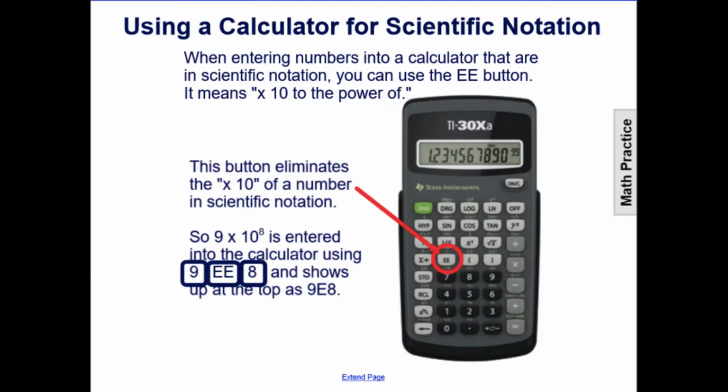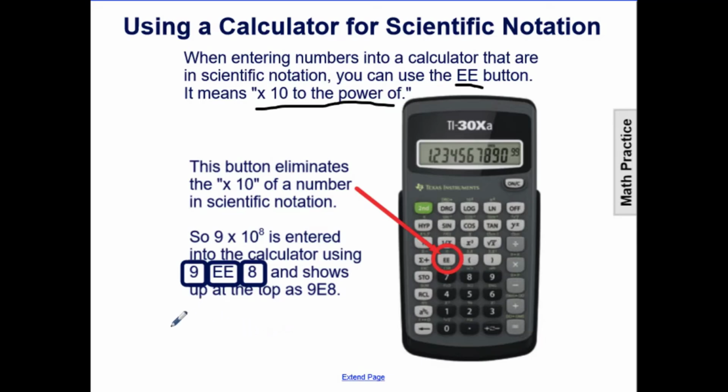We can use the calculator to help us with scientific notation as well. When entering numbers into a calculator that are in scientific notation, you can use the EE button, both capital. It means times 10 to the power of. So this button eliminates the times 10 of a number in scientific notation. It's usually located next to your parentheses above your number keys.